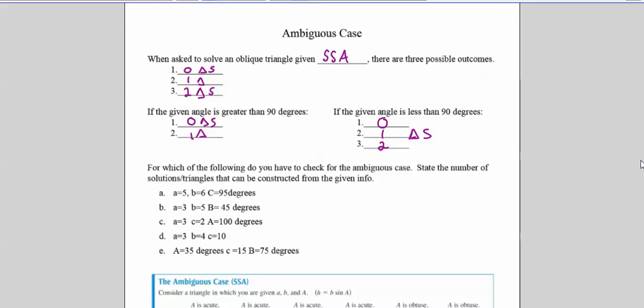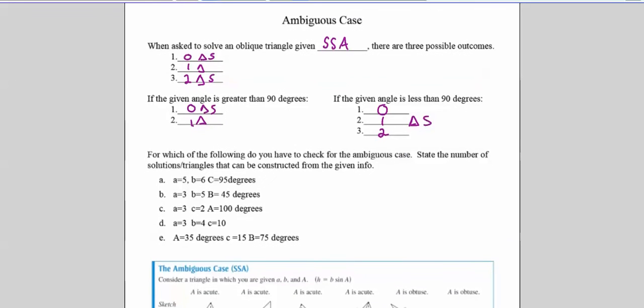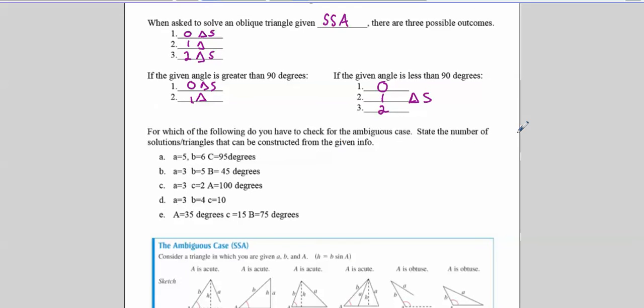So down here we're going to start trying to get an idea of when we're actually talking about the ambiguous case. In the first example, let's just look at a triangle ABC. If I label this angle A, this angle B, and this C, that would make this side a, and side b, and side c.